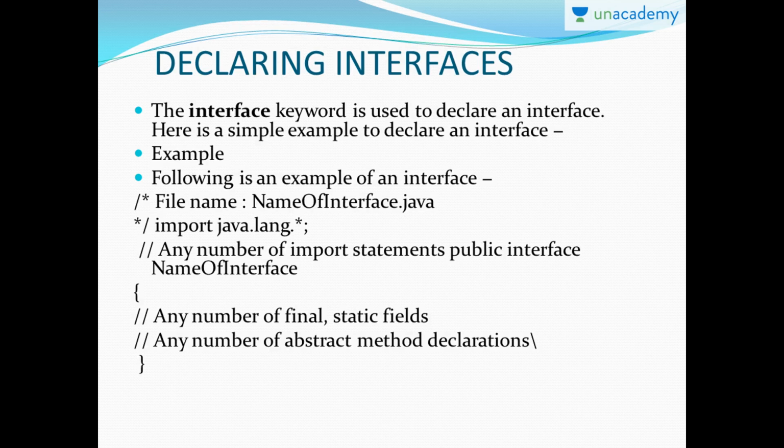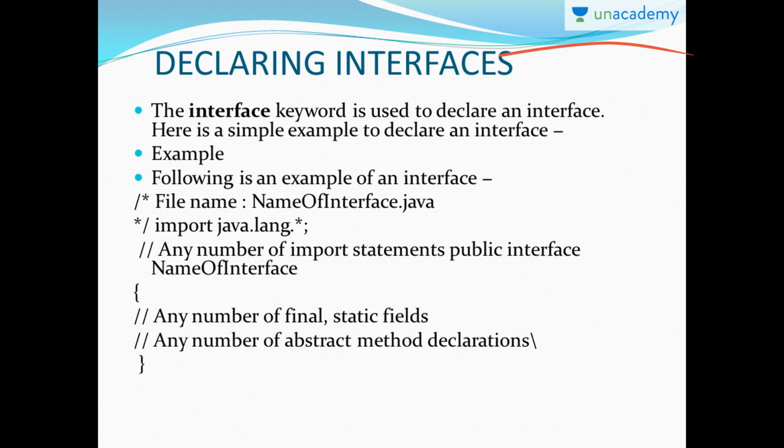Next, let us see how we can declare an interface. This is the main important part. To declare an interface, we use the interface keyword. To understand this better, let's see an example of declaring an interface.